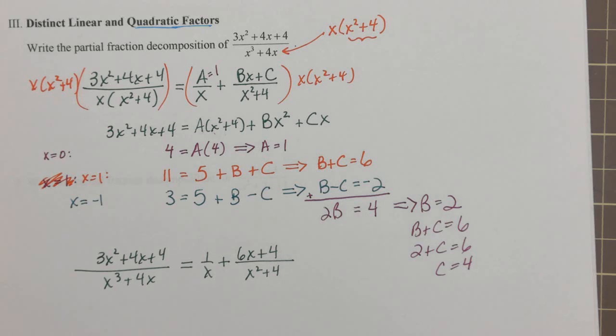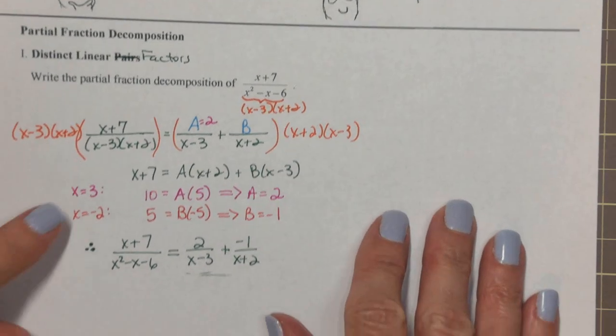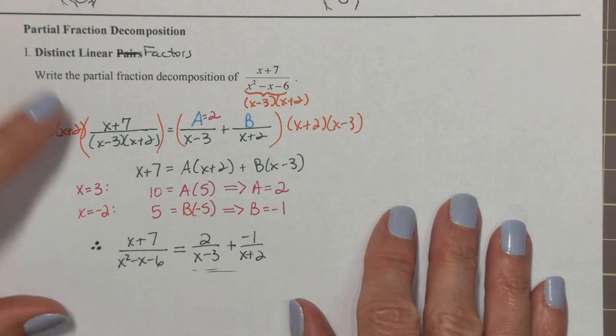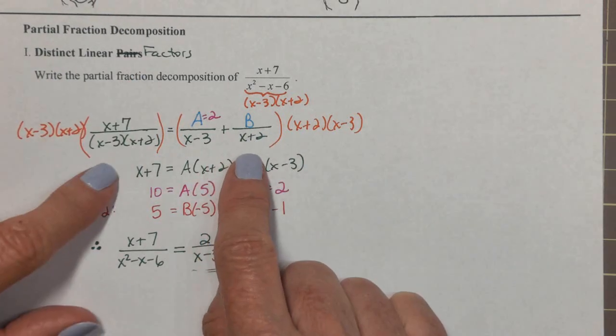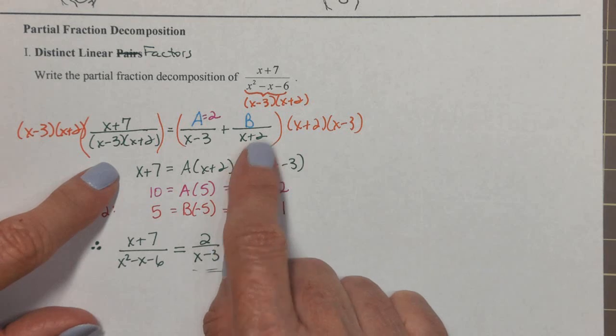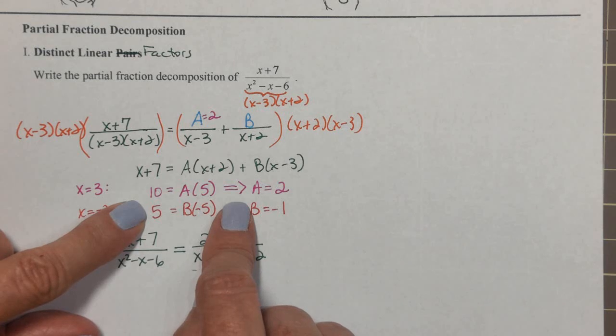I will tell you though, for AP Calculus, the only kind you'll have are the distinct linear factors. Distinct linear factors, okay? They'd only be like this. They tend to be quite short, all right, for calculus.